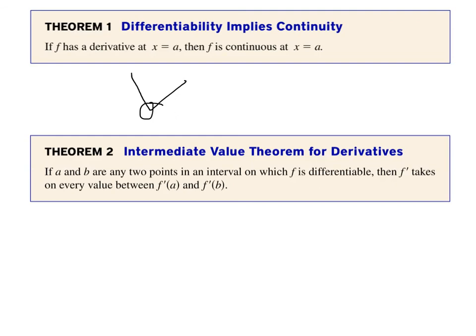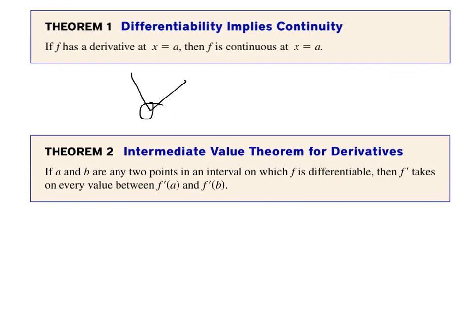The second theorem here is the intermediate value theorem for derivatives, and it just says that if you have some function f of x that's differentiable from a to b, and the derivative of f at a is, let's say, negative 1, so f had a slope of negative 1 at a, and then it has a slope of 5 at b, then along the way from a to b, it hits every value between negative 1 and 5.